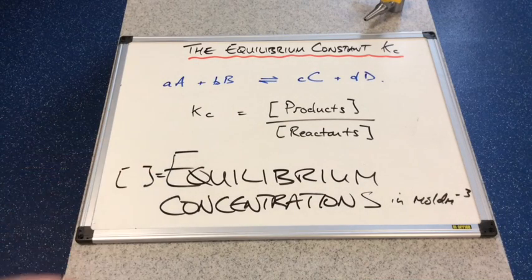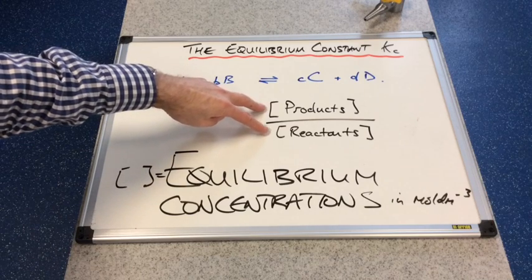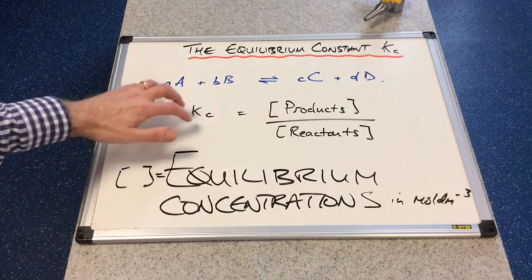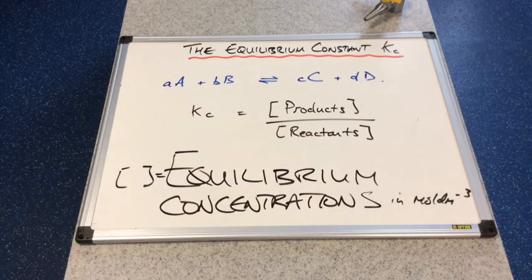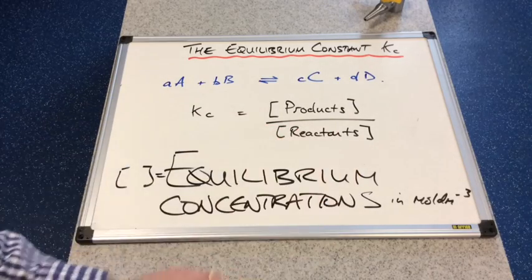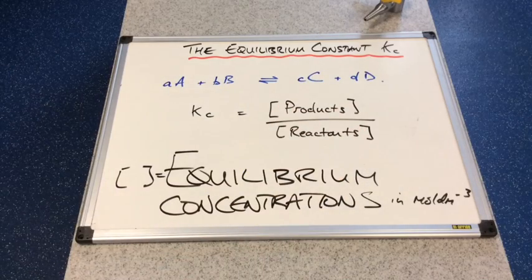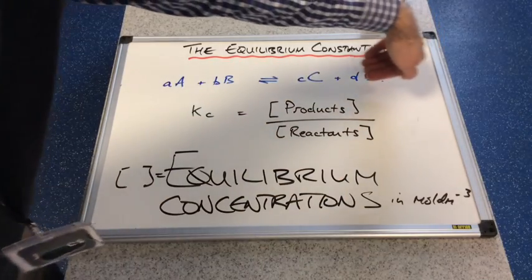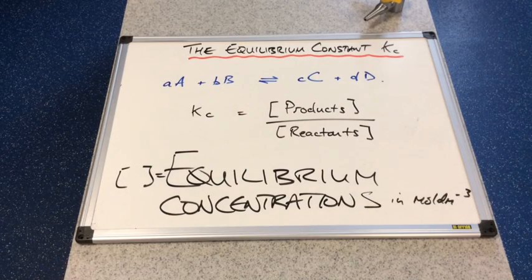If Kc was very small, well, if you think about numbers in here, which way would the numbers be to get a small value for Kc? Well, the denominator would have to be bigger, and so the reactants concentration is higher than the product's concentration. So in other words, the equilibrium's on the left hand side or going in the reverse direction.